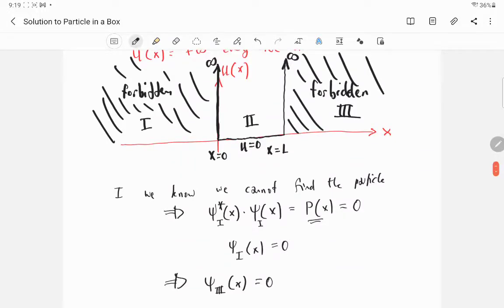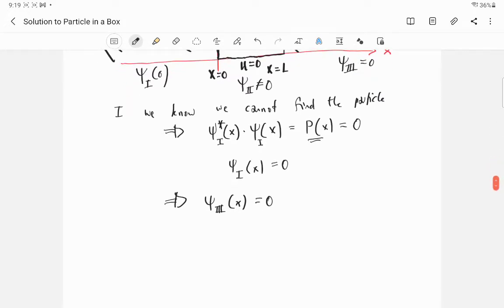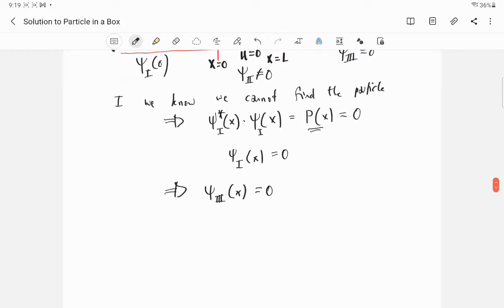But the wave function in region 2, we expect it not to be 0 because we know the particle is there. So now our problem is simply to figure out what is the wave function in region 2.